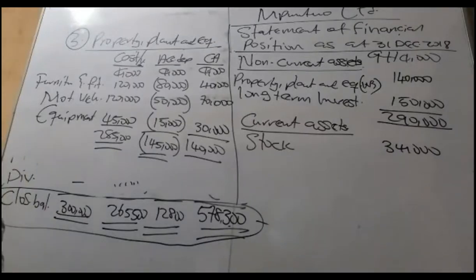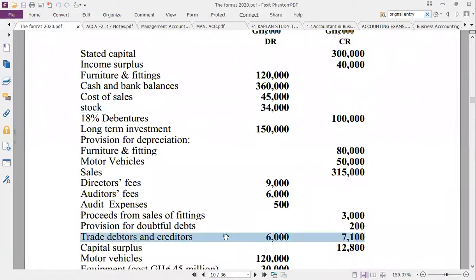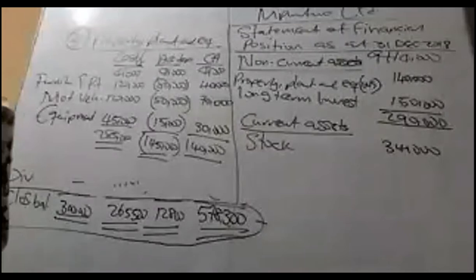Then we go to receivables or debtors. That's 6,000. But we said that there was provision for bad and doubtful debts. So the provision balance must be subtracted from where? Debtors. We will explain why we are doing that. So 6,000 less 200, that'll give us 5,800.